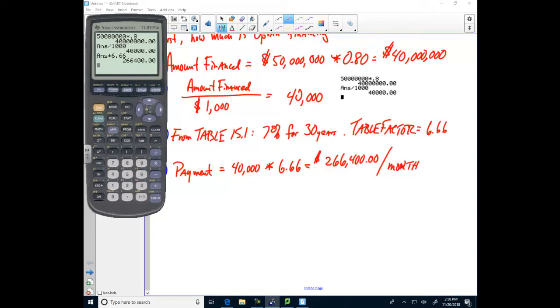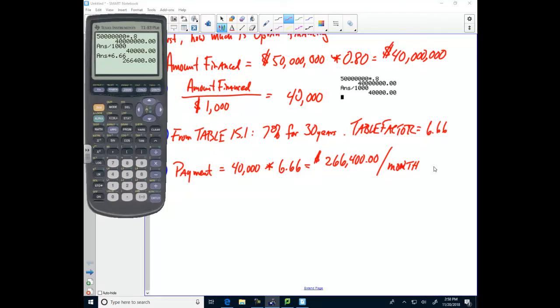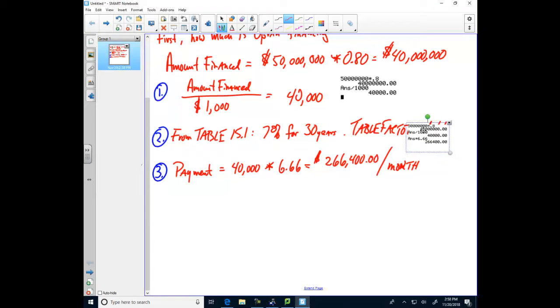Yeah, you need a house for your people. So this was pretty much an extreme example, because most of us aren't going to make that one. But there's all the steps.